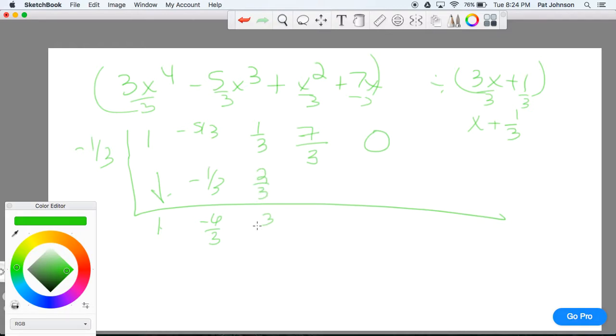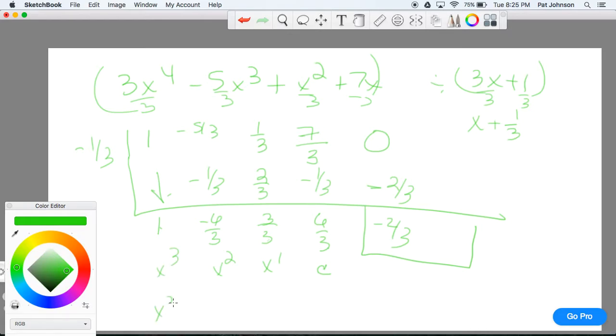That equals 3 over 3, or 1. 1 times negative 1/3 is negative 1/3, and we get 6/3. 6/3 times negative 1/3 is negative 2/3. 0 minus 2/3 equals negative 2/3. I have nothing else to bring down, so remember, this is my remainder. So this is my constant, x to the first, x to the second, x to the third.